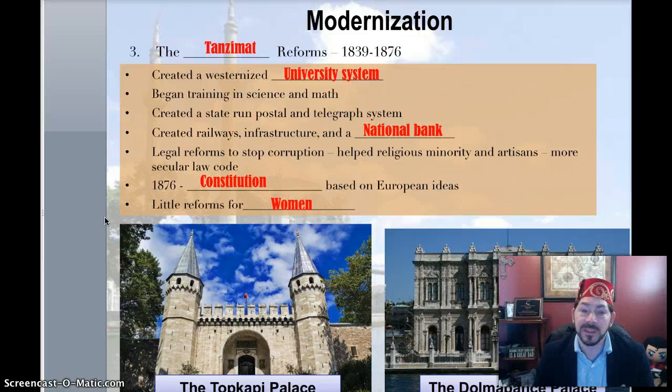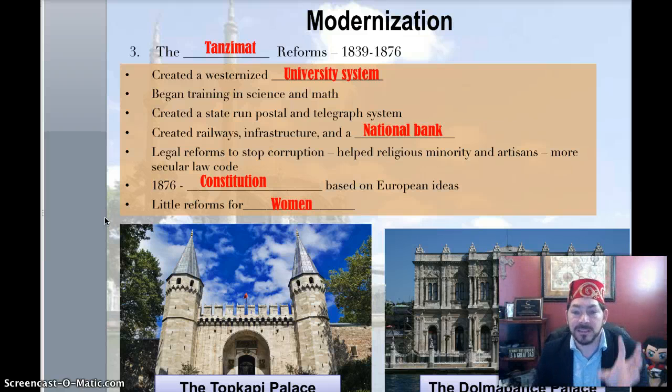And unfortunately for women, not too many reforms for them, but I guess eventually, just like in the West, those reforms would come.